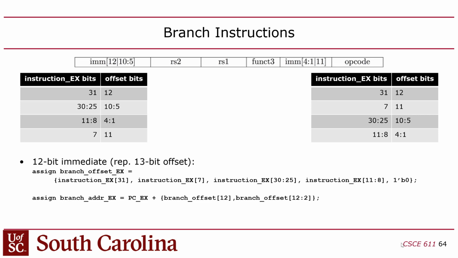Now you might say, why is there no bit 0? Okay, bit 0, this is so confusing. So they don't have bit 0 because they assume bit 0 is 0, which means that the immediate is always a multiple of 2, right? But it represents a byte address, so it really should be a multiple of 4 because instructions are 32 bits, right?